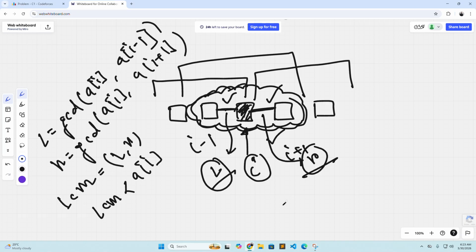So if it holds, then we can change the ith index and we will increase our counter.